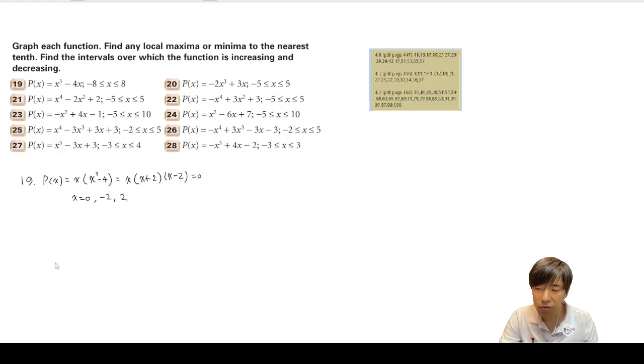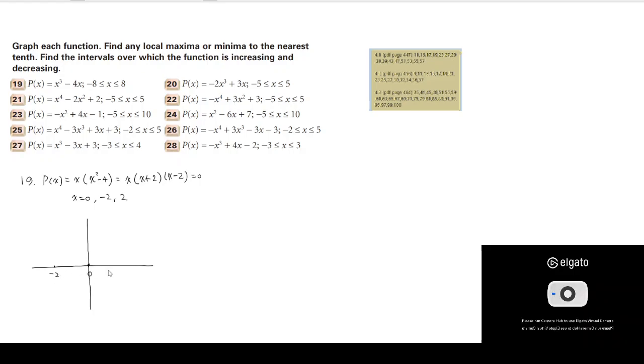So your graph basically looks like this. It has to pass through negative 2, 0, and 2. Its degree is 3 and the leading coefficient is positive, so the right hand rises, left hand drops. So you have to have a graph that looks like this.